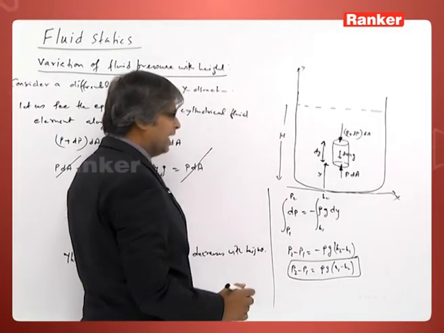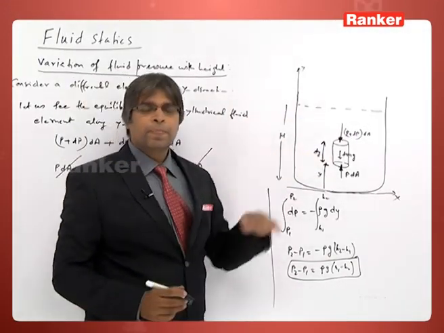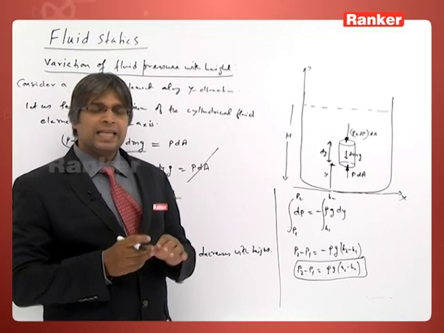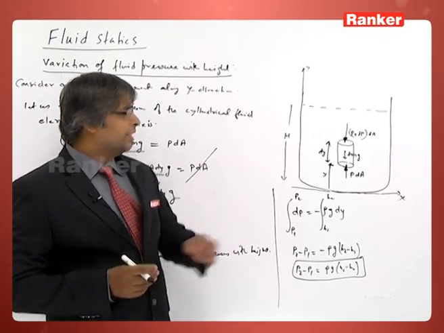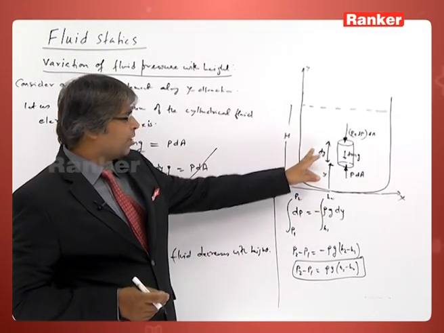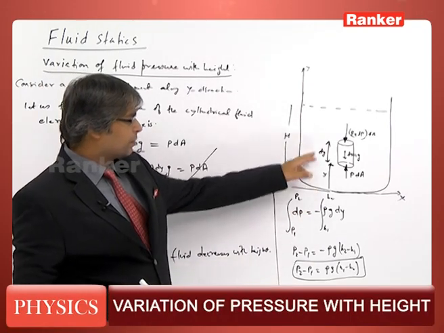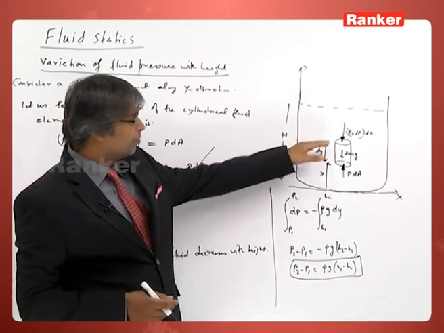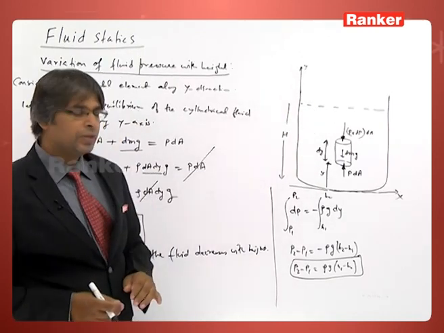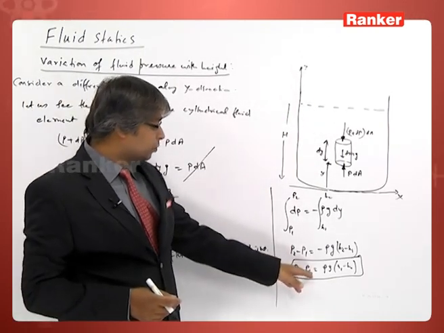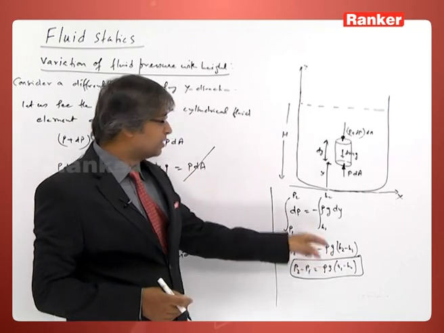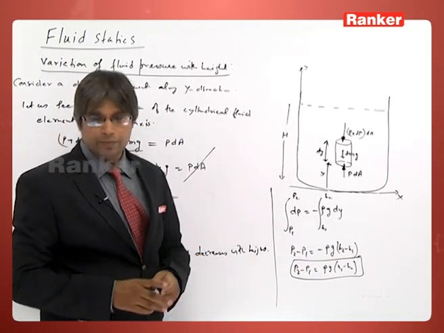Now, if I want to measure the fluid pressure in a vessel, then generally we do not measure from the bottom, we measure from the top. So, we have to express H1 and H2 in terms of the distance from the top.